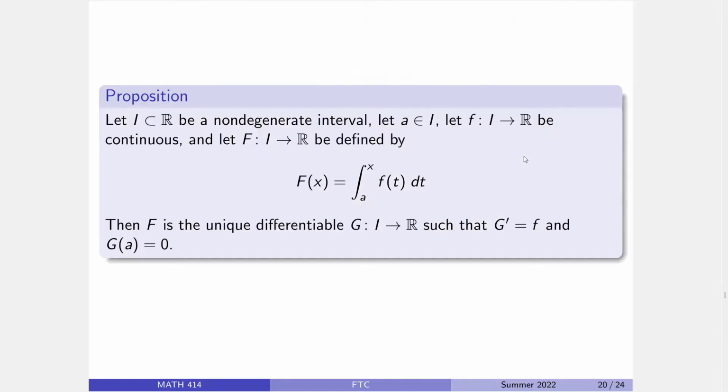So, we now hit the last theorem, which is that, given a non-degenerate interval, a function that's nice and continuous, and fix any point in the non-degenerate interval, then this integral-defined function, which we know that we're able to form by the previous discussion we just had, is not only differentiable, its derivative is not only equal to f, its output at a is not only equal to 0, it is the only function in existence with those properties.